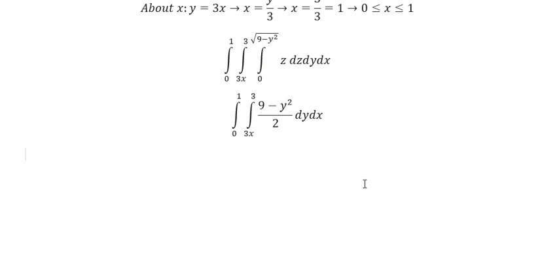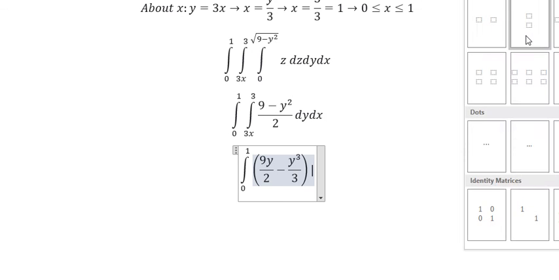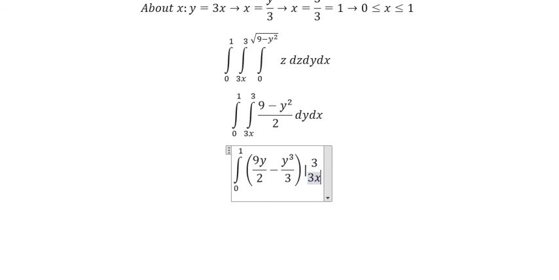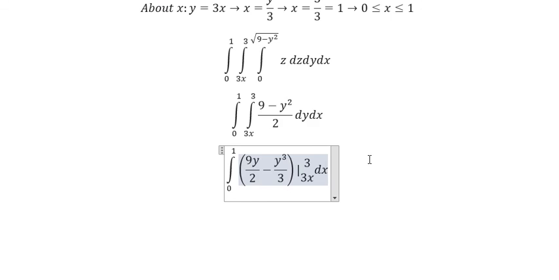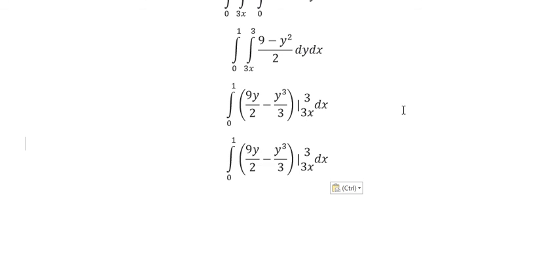The next one, if we do the integral in y, we get 9y over 2 minus y to the power of 3 over 3. And we have 3 and 3x in here. We put 3 in here and 3x in here.